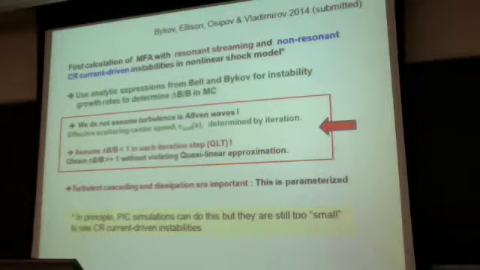It's a nice generalization. And we managed to overcome the quasi-linear problem because in every particular iteration, delta B over B is less than 1. We then modify the shock structure and go to the next iteration. So we can attain delta B over B much greater than 1 without violating the quasi-linear approximation.